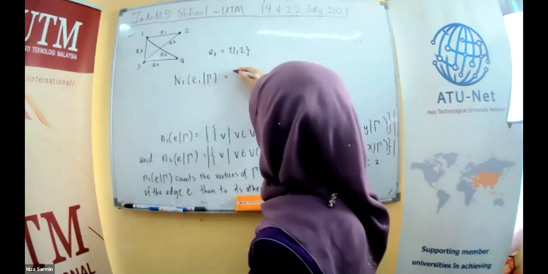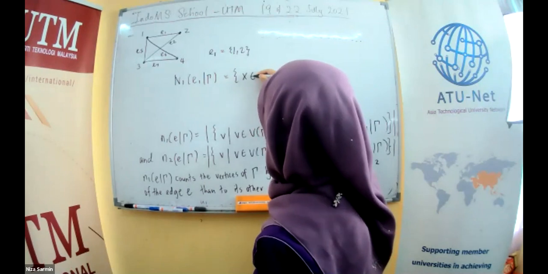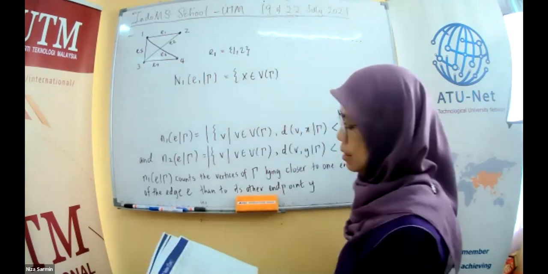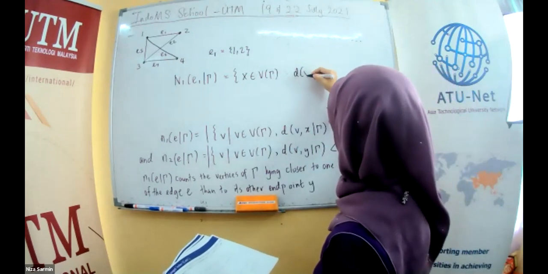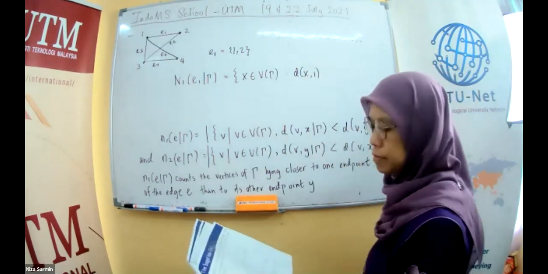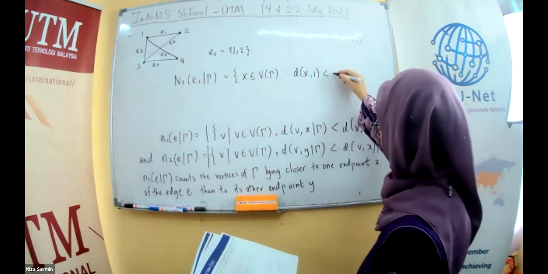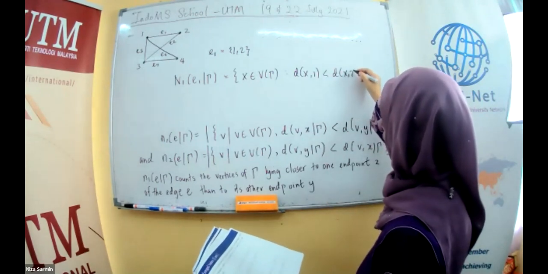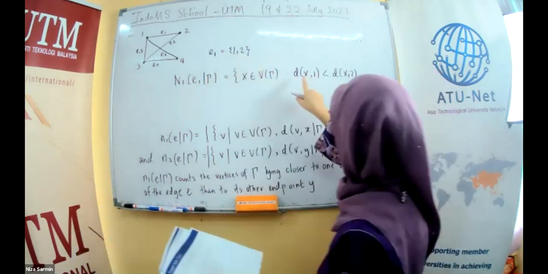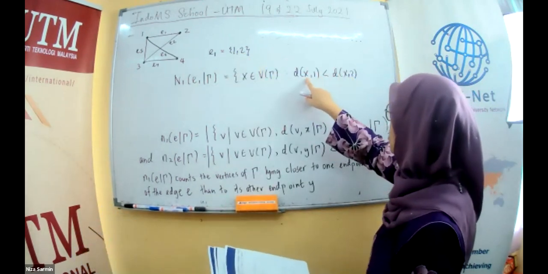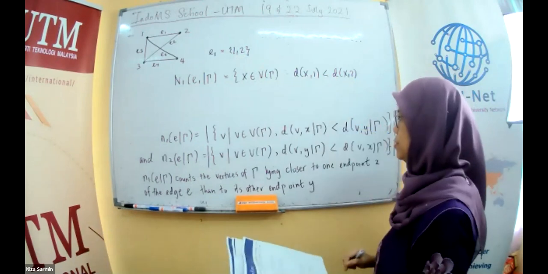Okay, so we are looking at the X in the vertices in which dx1 is less than dx2, right? The edges here, you want to find the X, right?